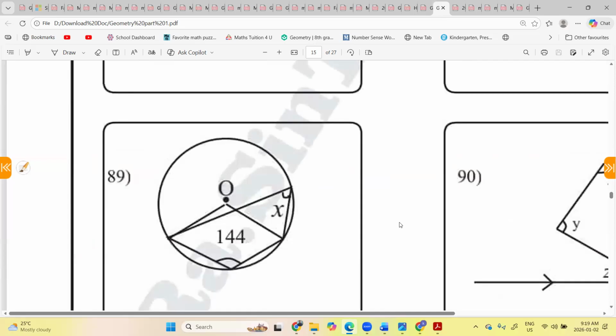What is the value of x? Right. Your answers?